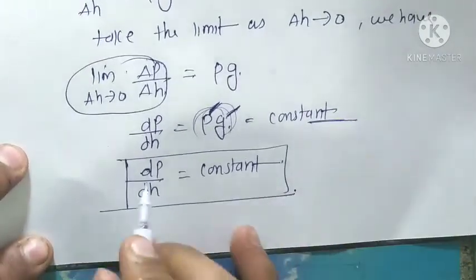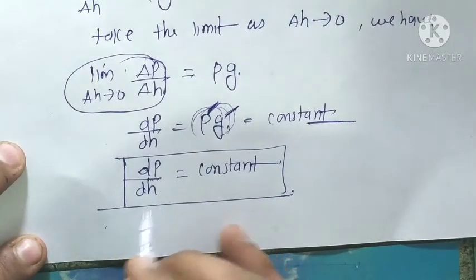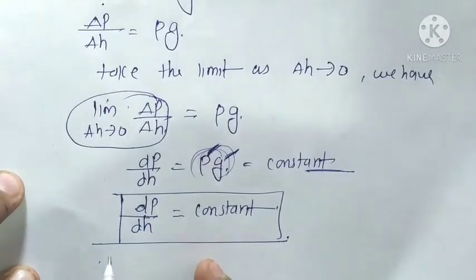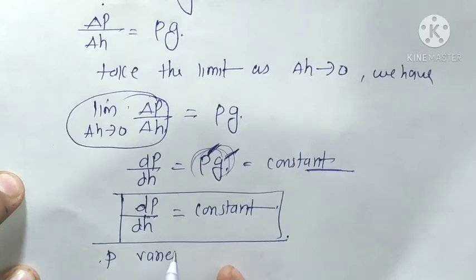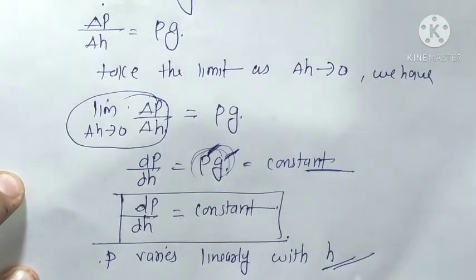So this pressure P varies linearly with H. If height increases, then pressure will also increase.